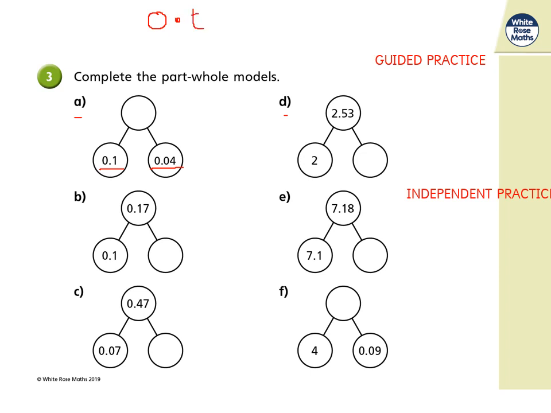Yes, I have my tenths and I have my hundredths. And this might be worth having on your sheet if you feel like you'd feel more confident having a place value grid next to you. Okay, so sorry for the sniffles. I have 0.1 and then I have 0.04. Now those are my 2 parts that I need to figure the whole out for, that I put here.